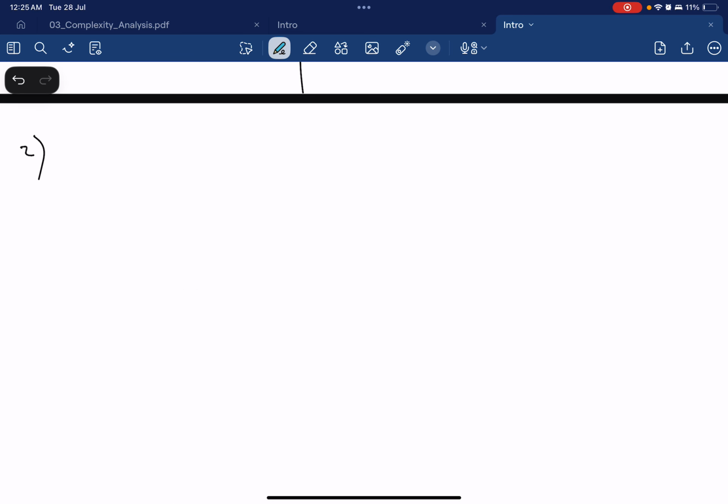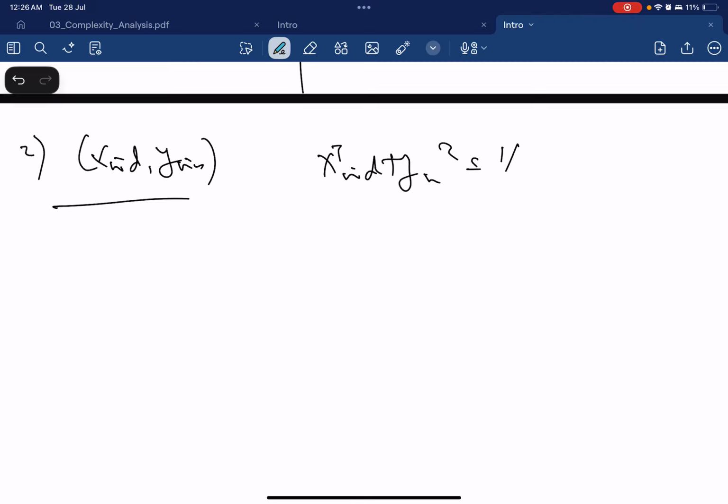Another way to describe the coordinate that corresponds to a chord is simply by using x mid, y mid. That's it. This is a coordinate that describes the chord, right? The condition you would need is that x mid squared plus y mid squared must be less than half.